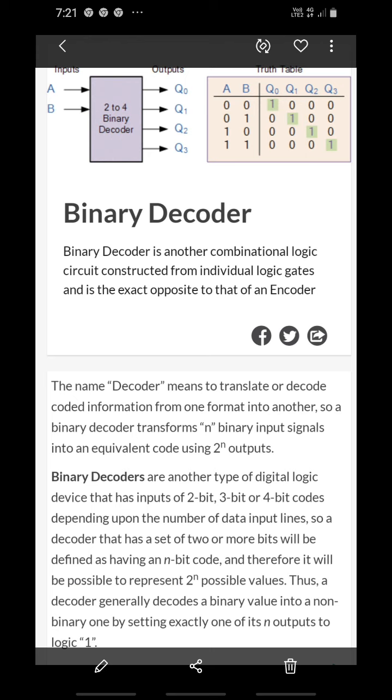So, a decoder that has a set of 2 or more bits will be defined as having an n bit code, and therefore it will be possible to represent 2 power n possible values. Therefore, a decoder generally decodes a binary value into a non-binary one by setting exactly one of its outputs to logic 1.